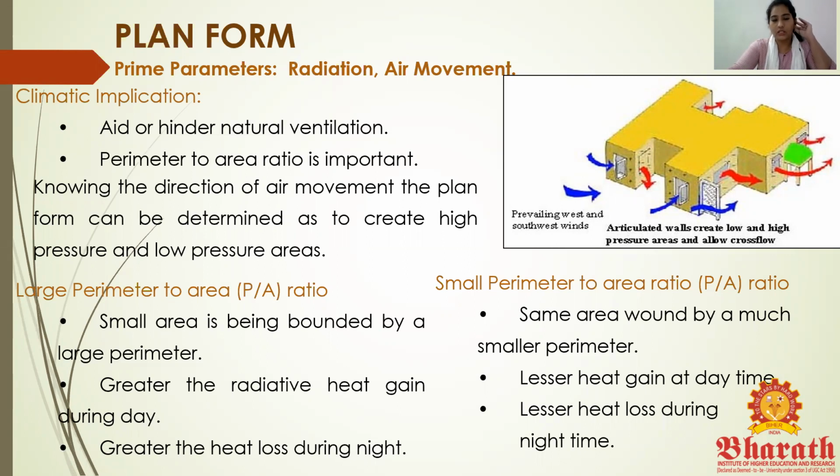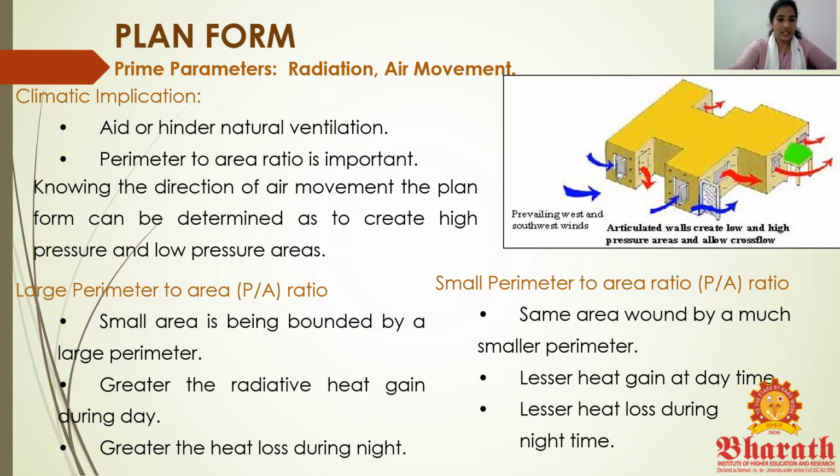We will move forward and look at a few areas, such as the windward side and the leeward side, and how the movement goes about and how your building would contribute to it. If you have a large perimeter to area (PA) ratio, a small area is bounded by a large perimeter.